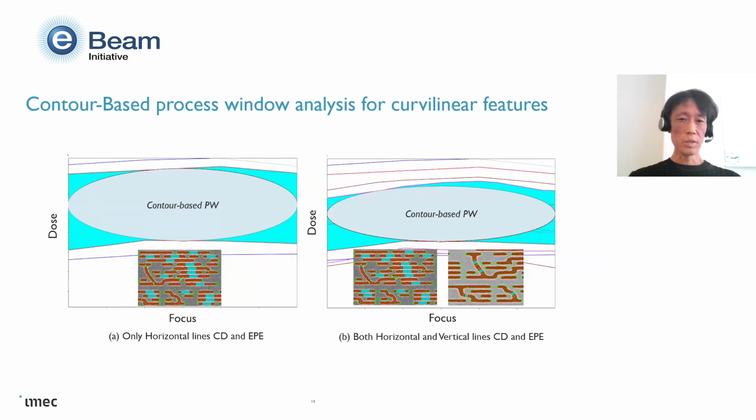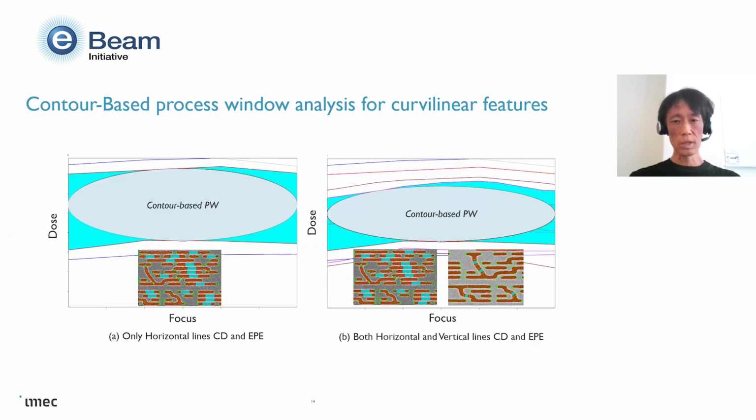So traditional process window analysis is typically based on one-dimensional CD measurements. However, curvilinear layers contain important two-dimensional content that cannot be fully captured by the CD metrics alone. This slide compares conventional CD-based evaluation with the contour-based process window analysis.